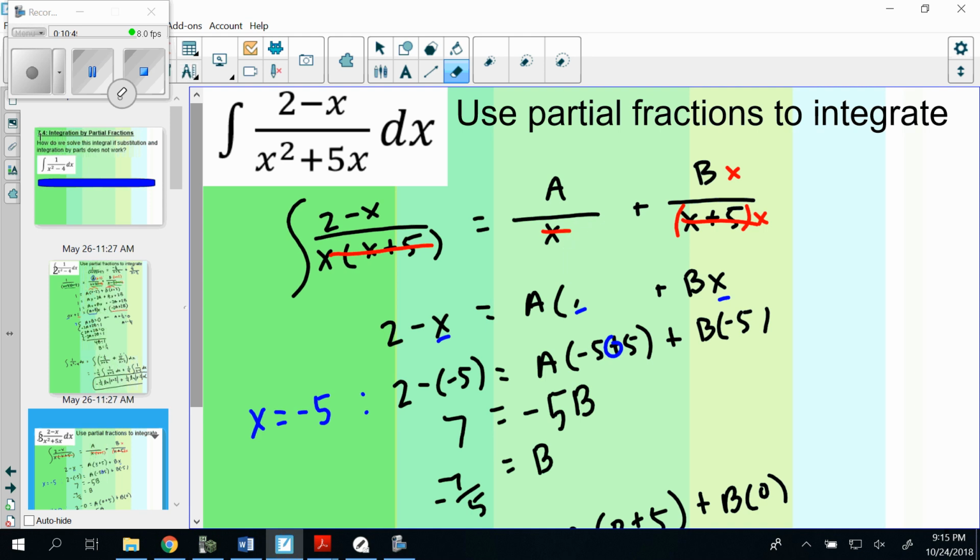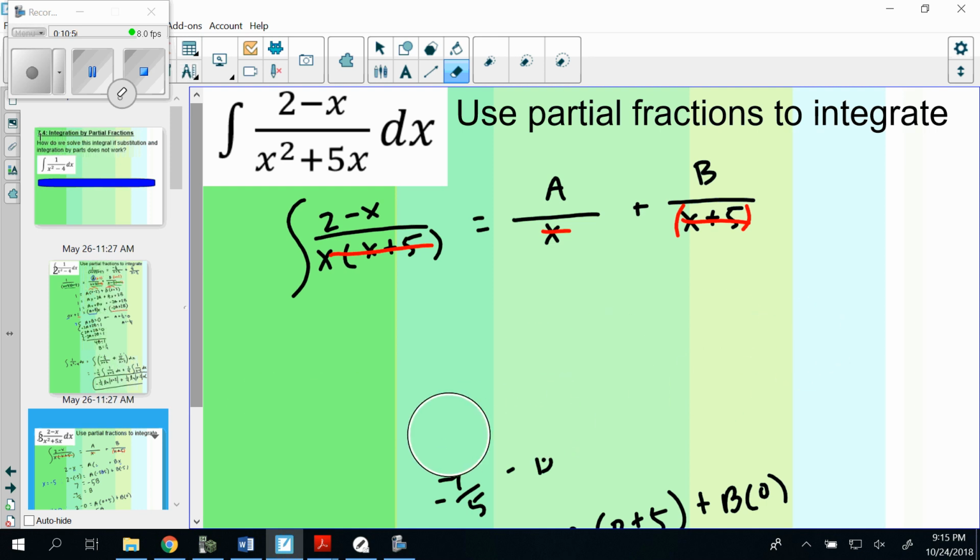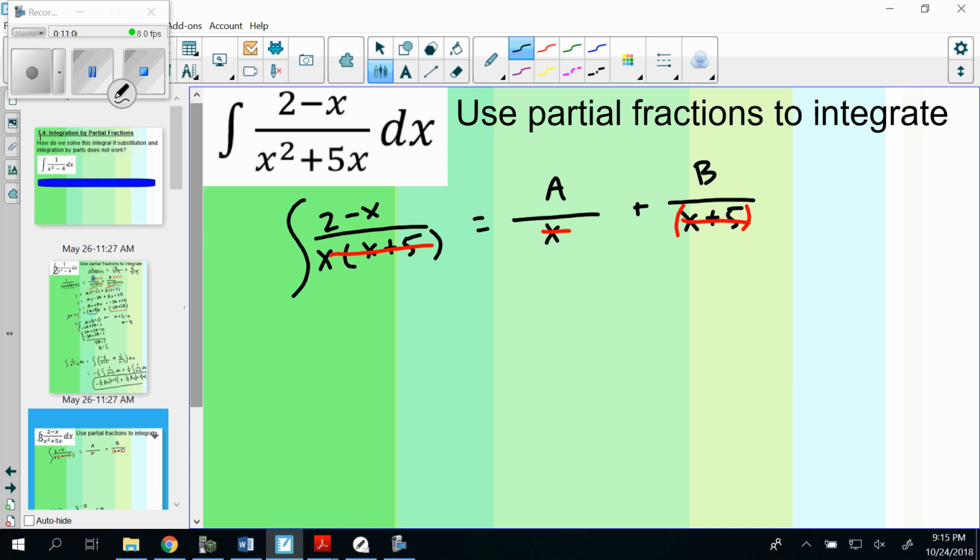I'm going to erase what we had multiplied here. We now know what our a and b are. We got an a that came out to be 2/5, so we're going to put 2/5 here. And we got a b that came out to be negative 7/5.